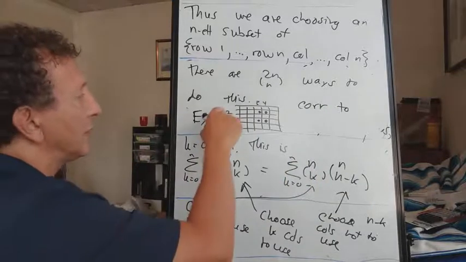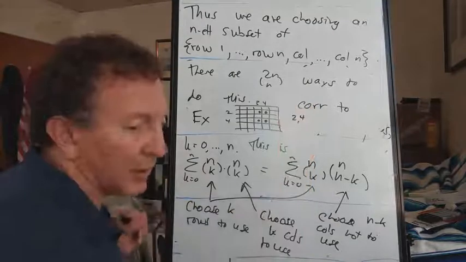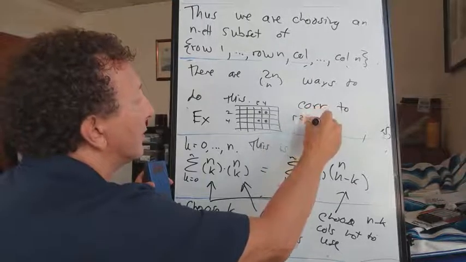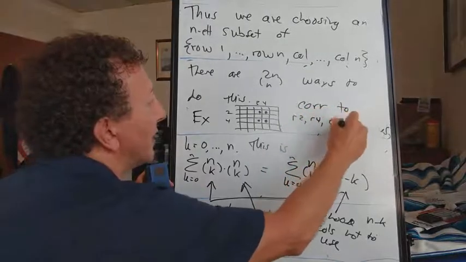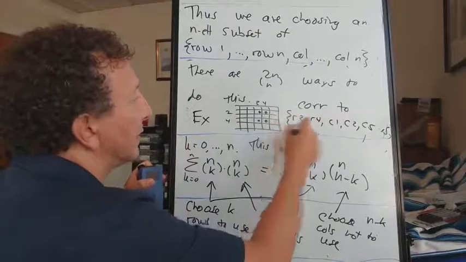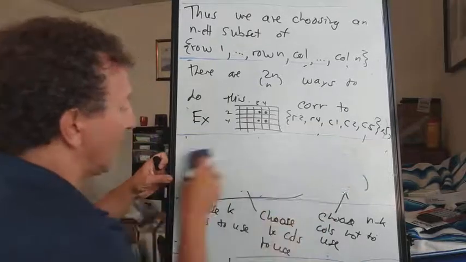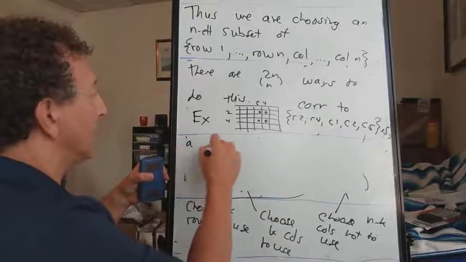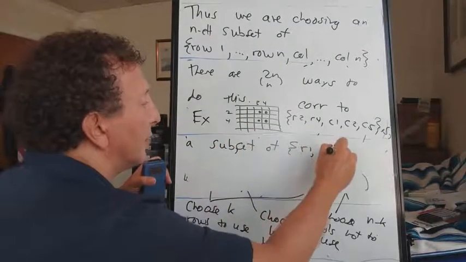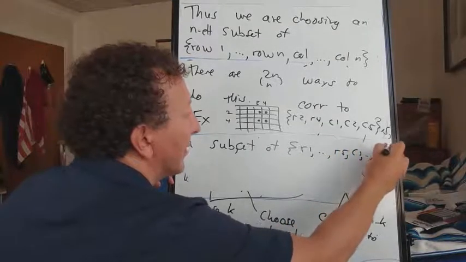This corresponds to choosing row 2 and row 4, column 1 not to use, column 2 not to use, and column 5 not to use. Which is a subset of row 1 through row 5, column 1 through column 5.